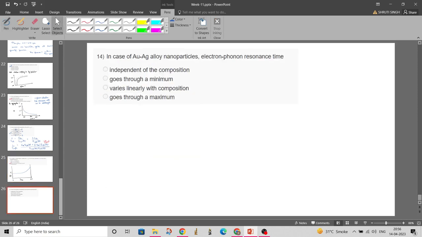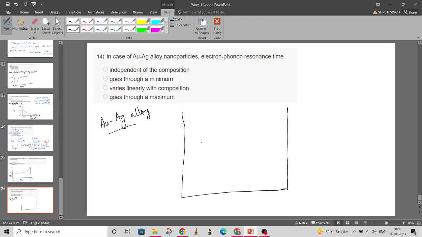Okay, let's move to the last question. In case of Ag and Au alloy nanoparticle, the electron phonon resonance time is independent of the composition, goes through a minimum, varies linearly with composition, or goes through a maximum. So for Ag Au alloy, the electron phonon resonance graph with respect to composition looks like this.